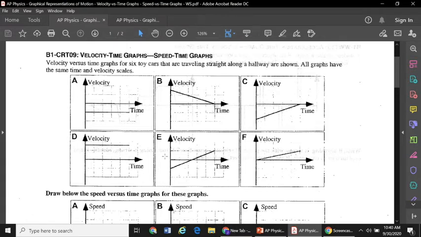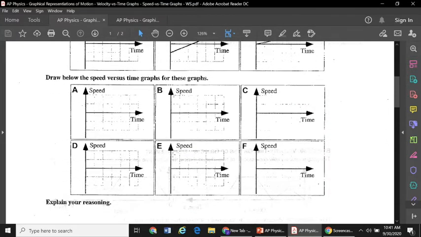B1 CRT 09 says: velocity versus time graphs for 6 toy cars that are traveling straight along a hallway are shown. All graphs have the same time and velocity scales. And so they show you these 6 velocity versus time graphs. And the task here is for you to draw the speed versus time graphs.